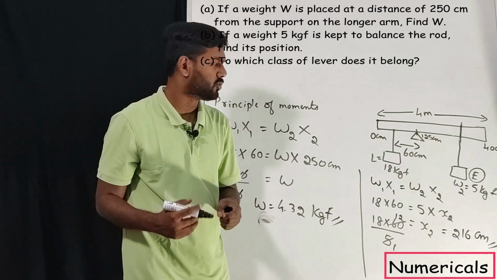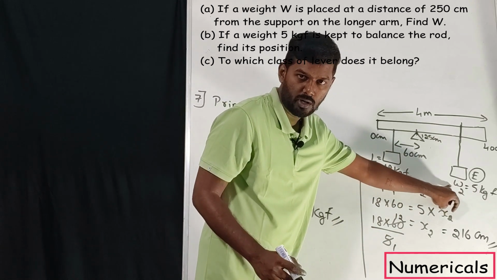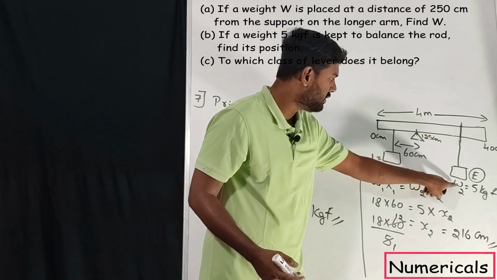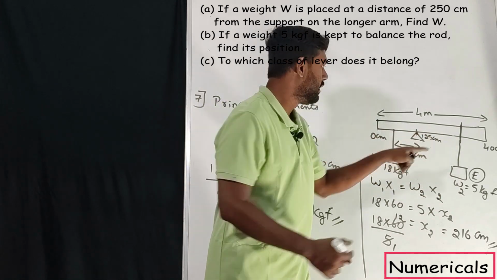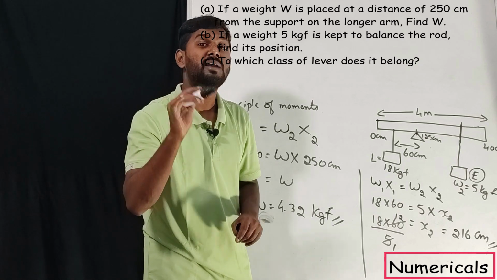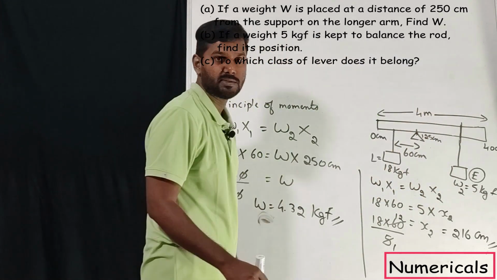What do you mean by x2? x2 is nothing but the distance from this load, or effort, to the fulcrum, correct? The distance between these 2 points. But what they are asking is, find its position. Position means at what point we have to place this.